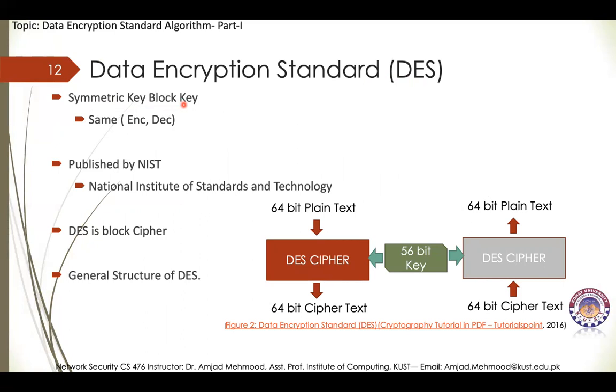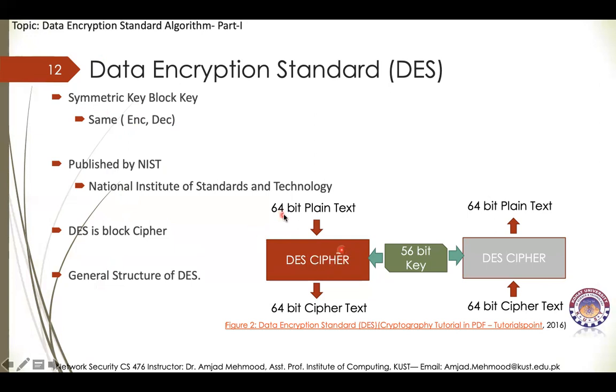As DES is based on the Feistel block structure, it will also use the same symmetric key structure, meaning the same key will be used for encryption and decryption. It is published by NIST, the National Institute of Standards and Technology. DES is a block cipher, as mentioned previously. You can see the general structure of DES here.